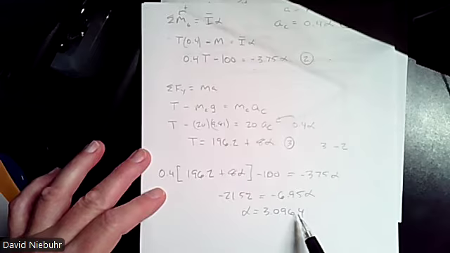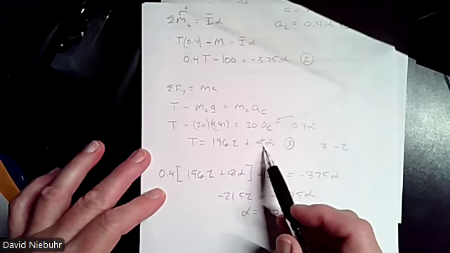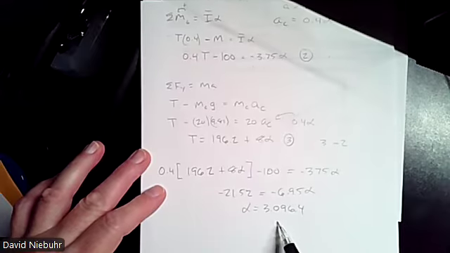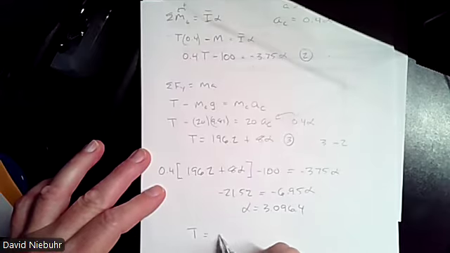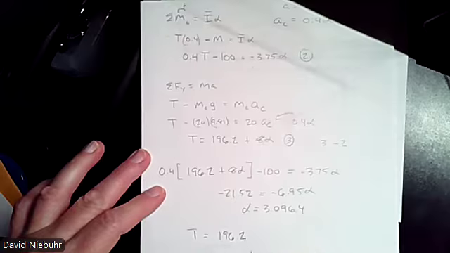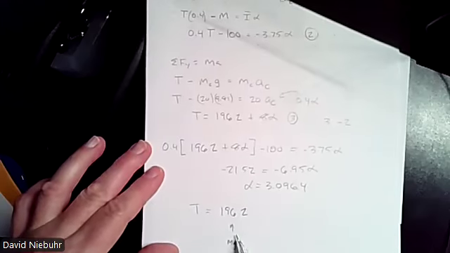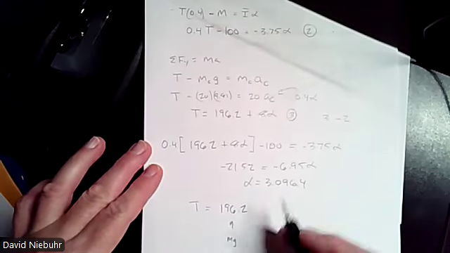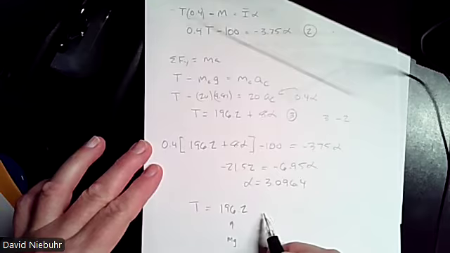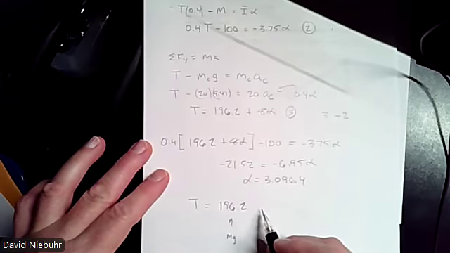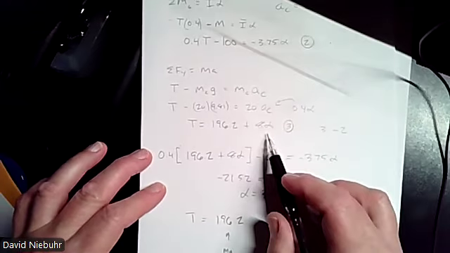So I'm going to take this value and plug it back into here. Essentially tension is 196.2, which is the mg, that's just the tension if it were static. But because it's accelerating up, it's going to have an additional tension due to the acceleration, and that's where we get the 8 times alpha.